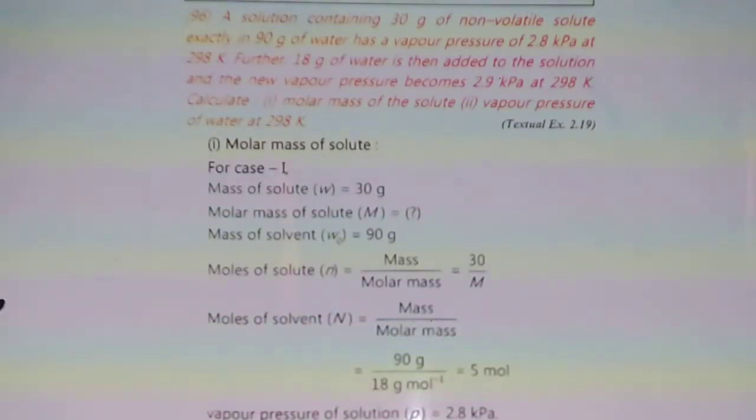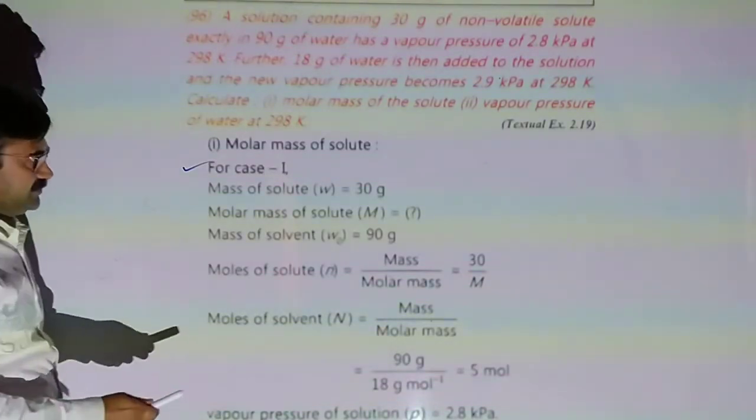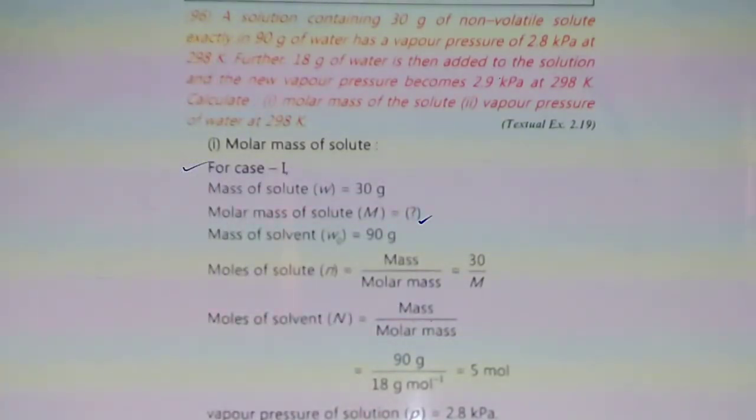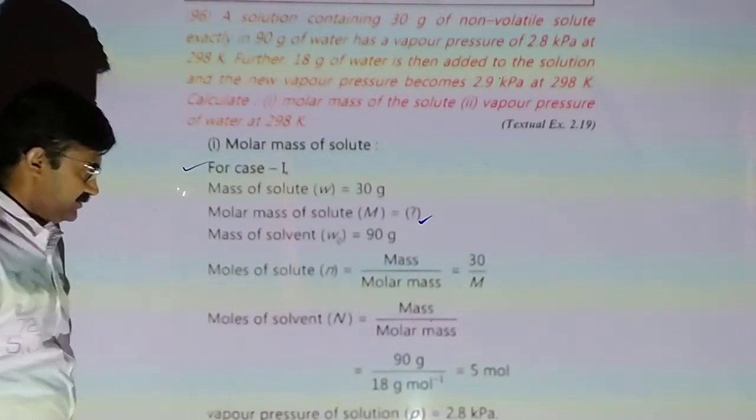Here in the case number 1, mass of solute 30 gram. Molar mass of solute we have to define. Mass of solvent 90 gram. Moles of solute, mass upon molecular mass.